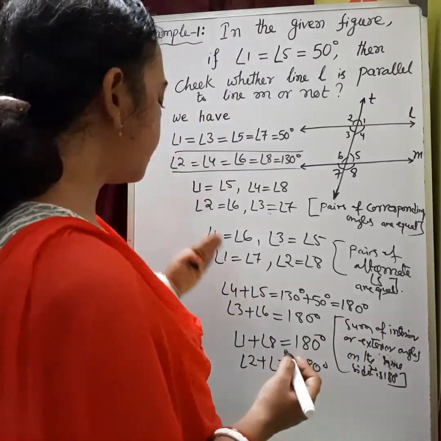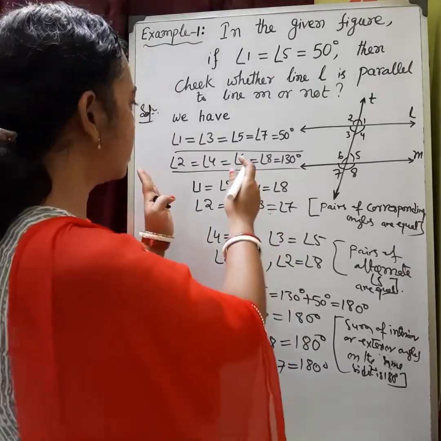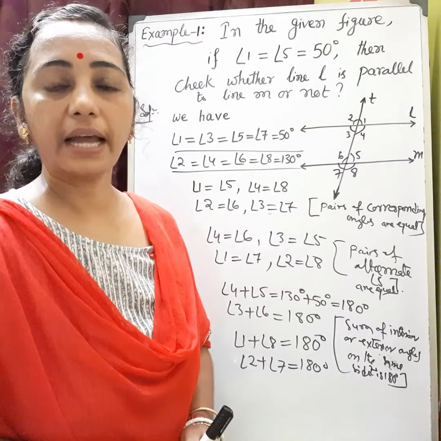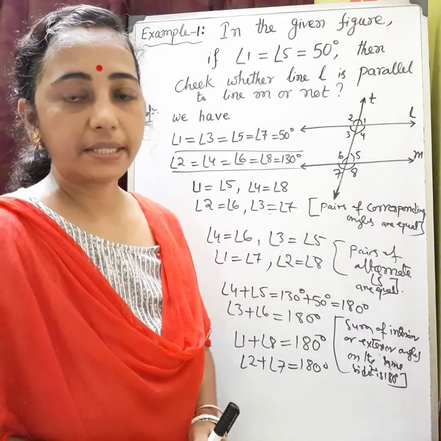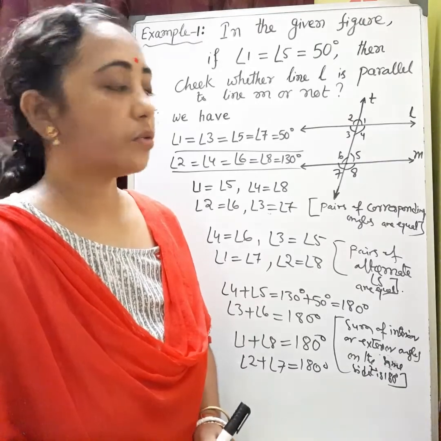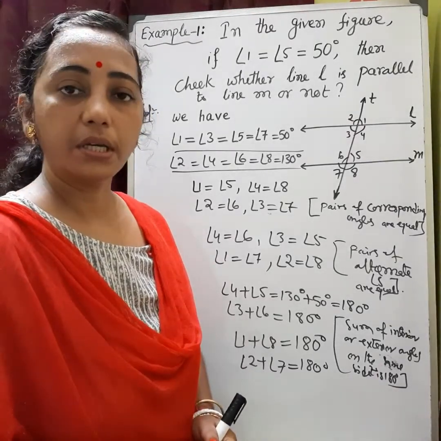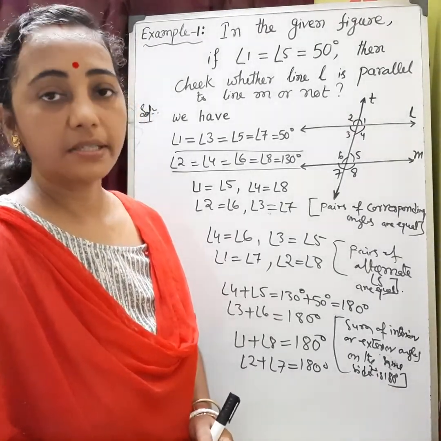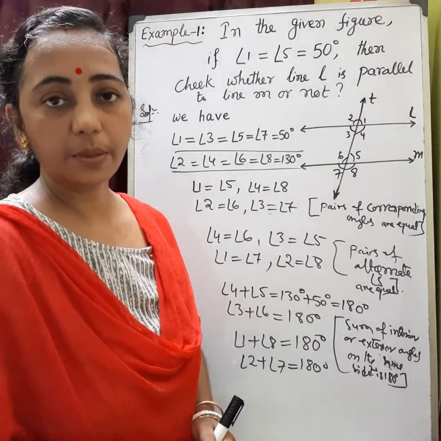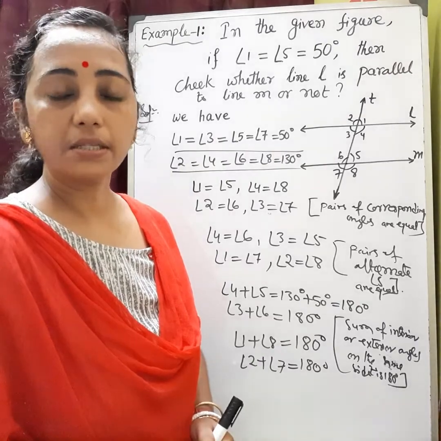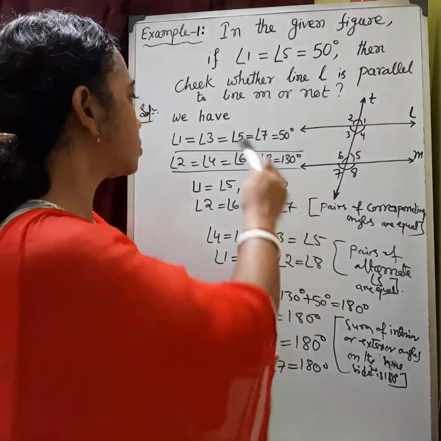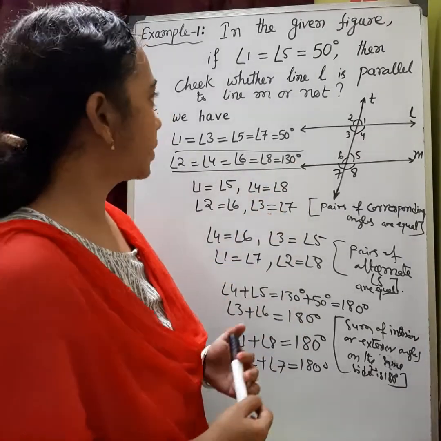So these three properties are satisfied by these two groups of equal angles, and we have just learned that if two parallel lines are intersected by a transversal, then each pair of corresponding angles is equal, each pair of alternate angles is equal, and the sum of the interior or exterior angles on the same side of the transversal is 180 degrees.